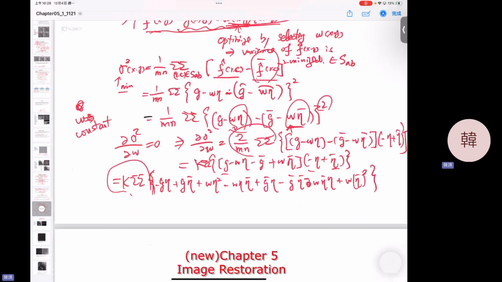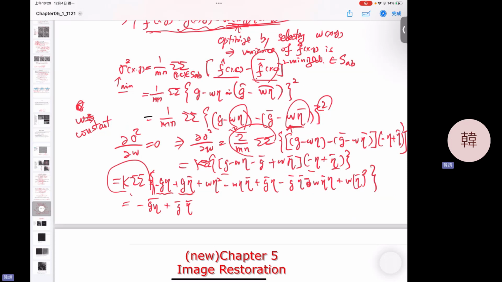The result will be minus G eta bar, right? This term, take the average. They multiply together, the sub-image, everything multiplies together, take the average. So we get a bar together. So the small bar and the long bar are different. So please make sure you can see the difference here. So look at this one. Take the average of the sub-image, it becomes G bar times eta bar. Okay, so the bars are separate.